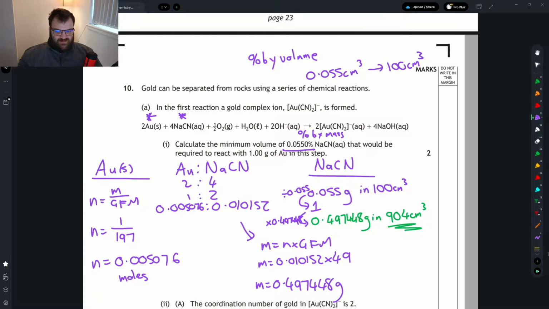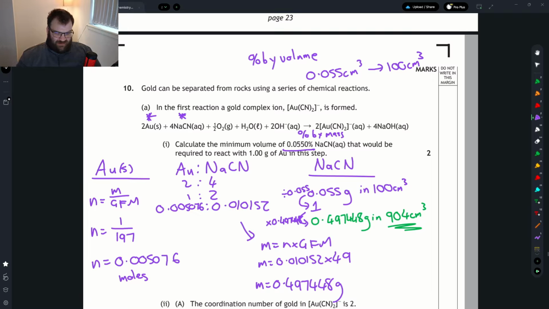If the question was dealing with the percentage by volume, it would have been that many centimeters cubed in 100 centimeters cubed of solution. The reason I went for the by mass one was because we weren't given any volumes to do with any of the chemicals, so that's going to be no good to us there.